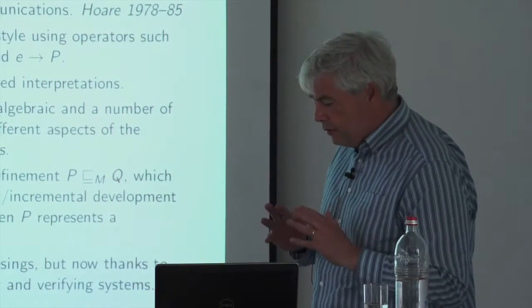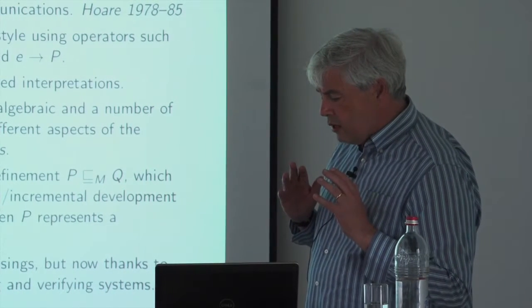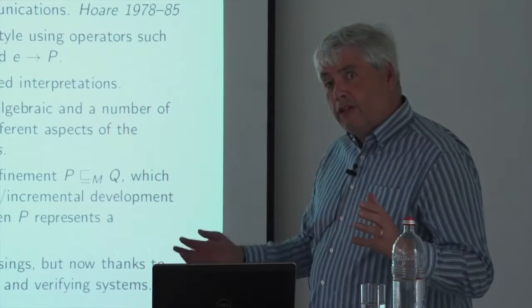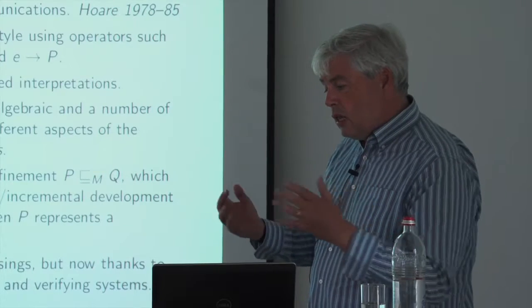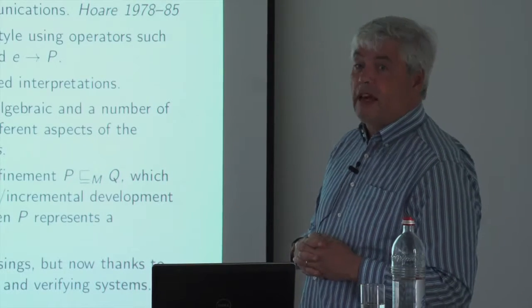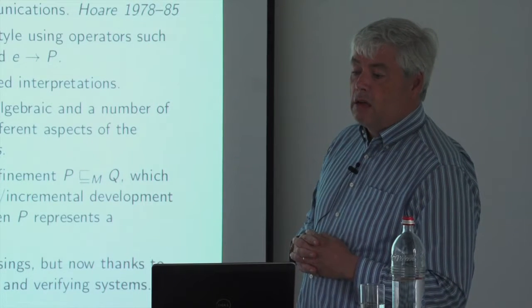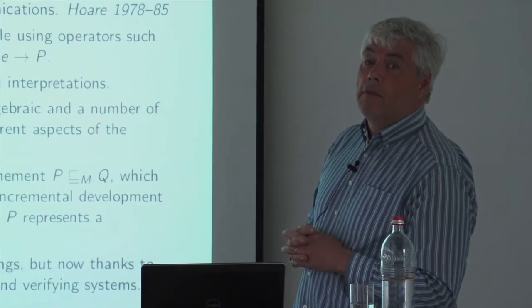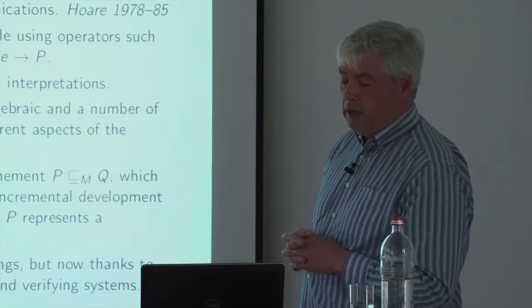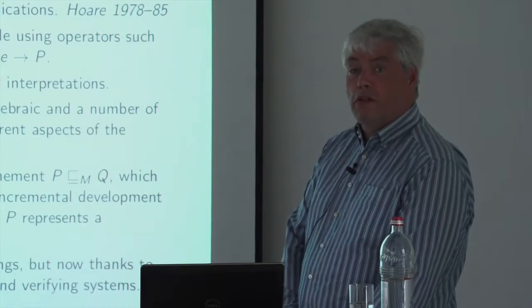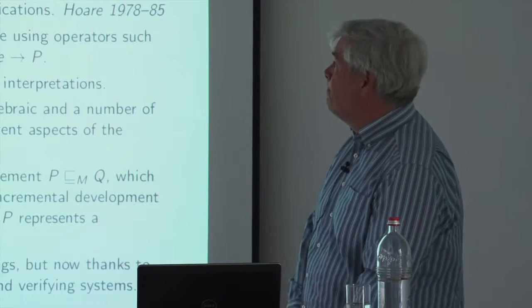Process algebras typically concentrate on specifying and describing patterns of interactions between parties. They tend not to work by a shared variable style model of concurrency. Rather, they work by typically handshaken interactions whereby parties perform some action at the same time and thereby achieve a communication or synchronization between them.